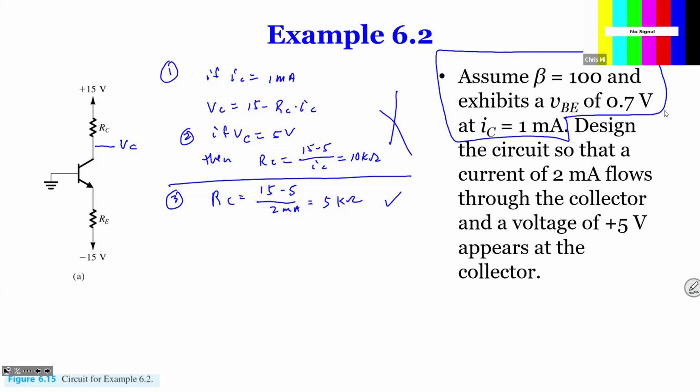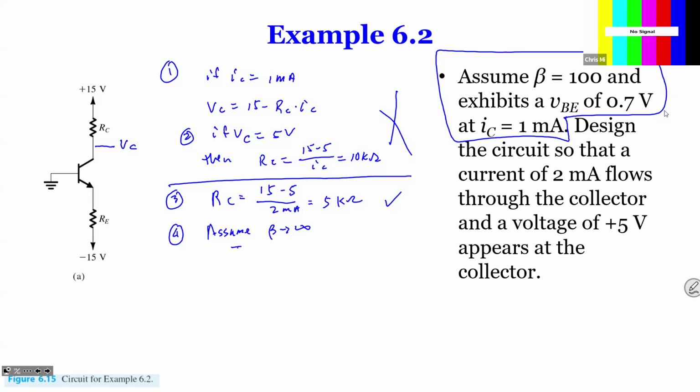Well, there's one simple way, because I want to do this in a different way so you guys understand what we're doing. If we assume beta is infinity, but of course beta is not infinity because we're given 100, right? I'm just doing some manipulation so that we can see what we're going to get.